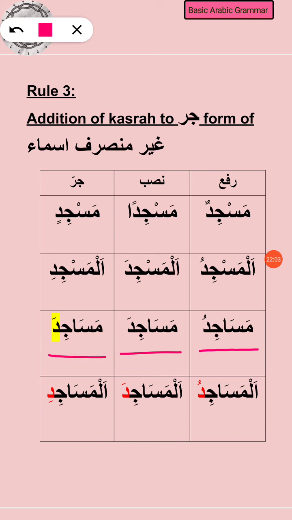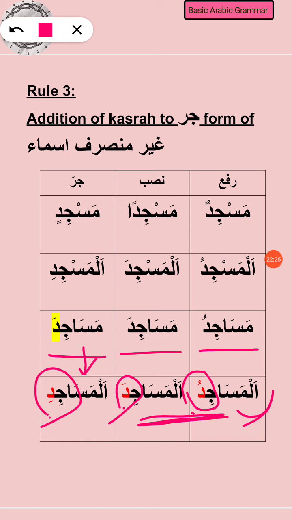However, if I were to add this al and make it mu'arraf bil lam, then this jar form becomes al masajidi as expected. Okay, and similarly the remaining two forms remain the same. So we have al masajidu, al masajida, and al masajidi.